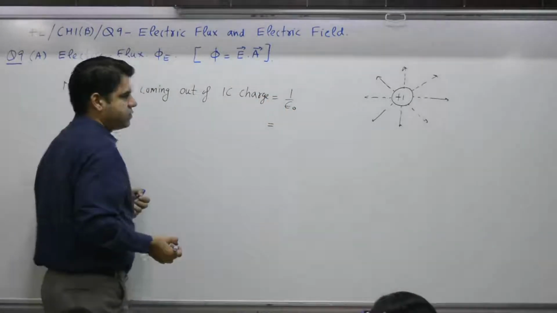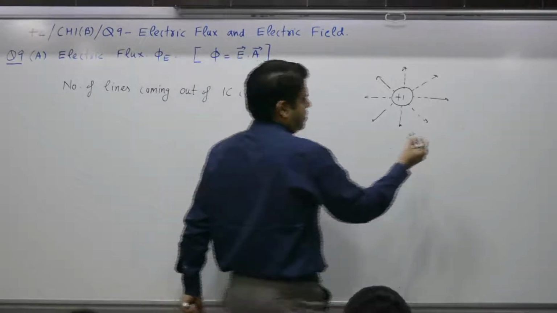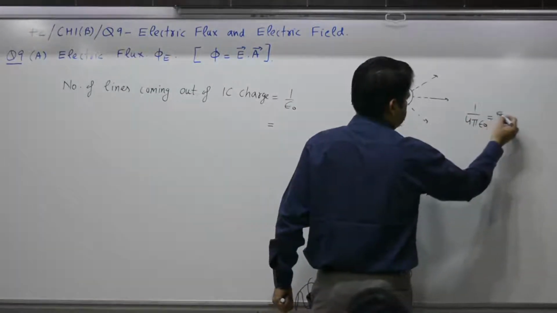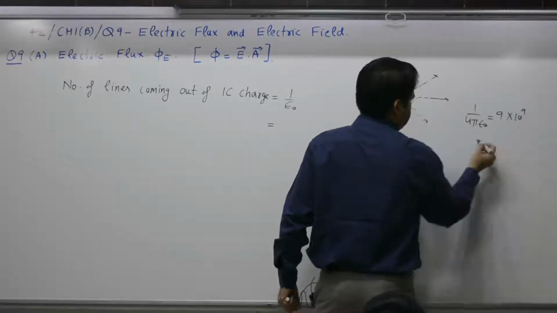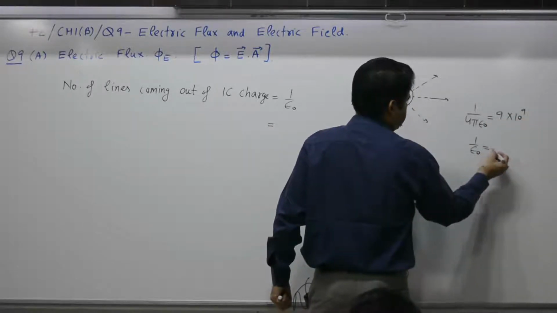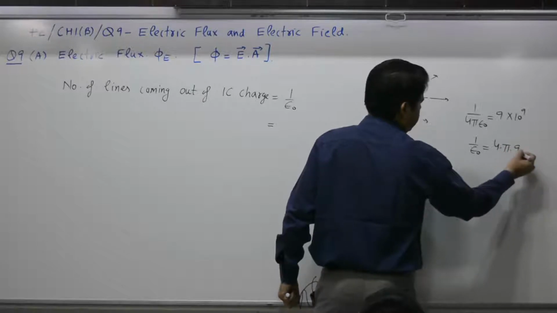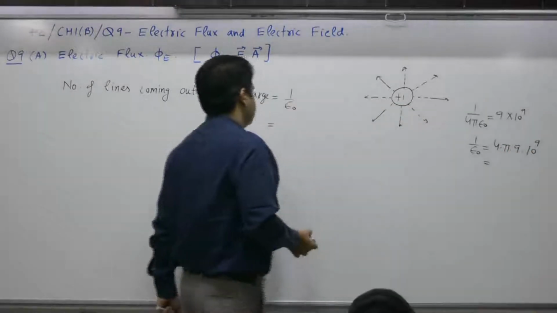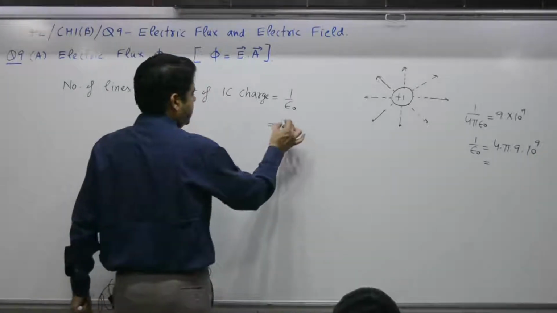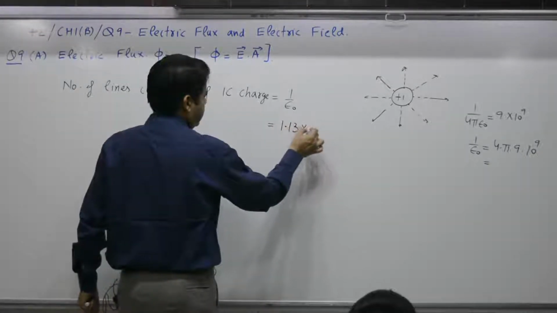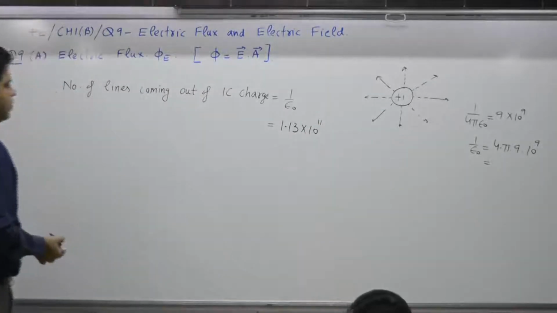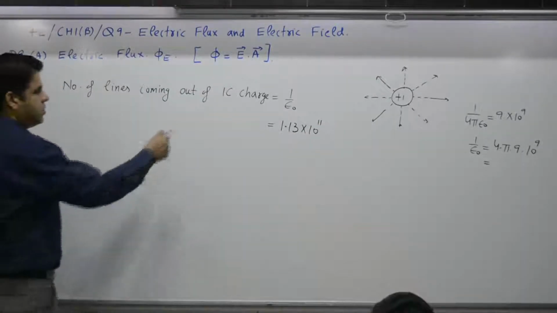What is the value of epsilon naught? 1 by 4 pi epsilon naught is 9 into 10 power 9. 1 by epsilon naught is 4 into pi into 9 into 10 power 9. Comes out to be what? Equal to, yes, 1.1 into 10 power 11. So the number of lines coming out of 1 coulomb charge is 1 by epsilon naught.